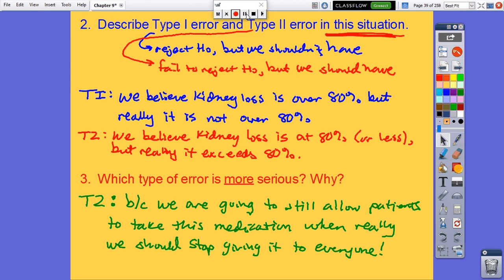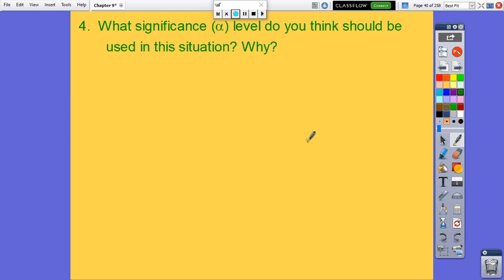So if we want to make it easier to reject the null hypothesis, because we want to reject this medicine if type 2 error is really more serious, that alpha level was all about rejecting the null hypothesis, right? And so I think we would want a higher alpha level to make rejecting the null hypothesis easier.